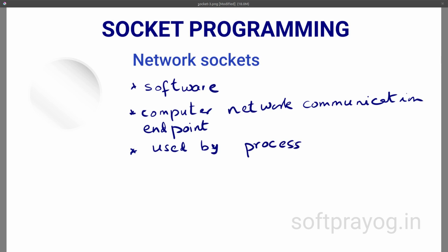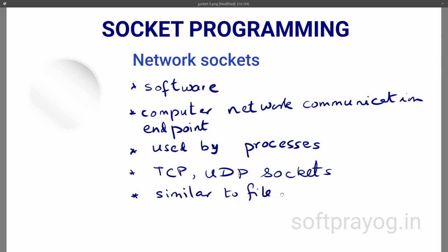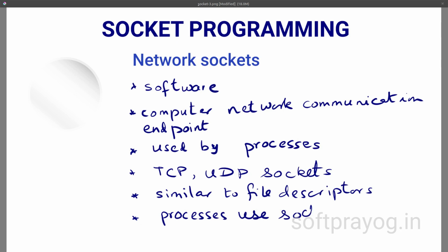There are two major types of network sockets: the TCP sockets, which provide connection-oriented communication as per the transmission control protocol, and the UDP sockets, which provide connectionless communication as per the user datagram protocol. A process uses sockets just like it uses file descriptors for input and output.